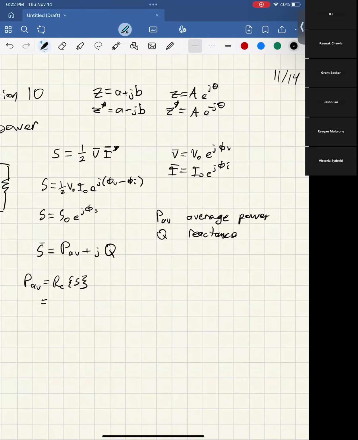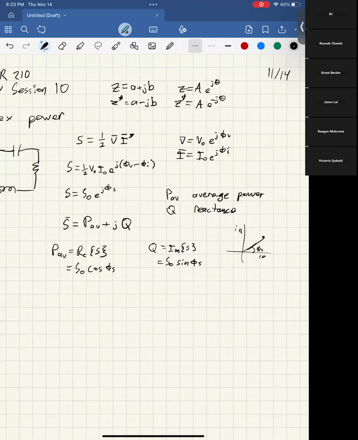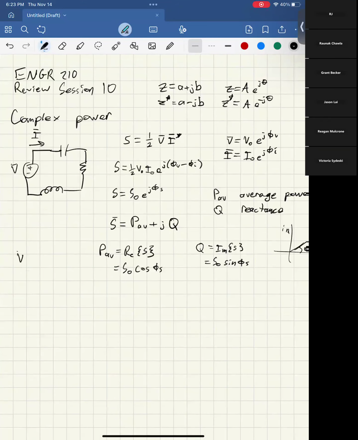This is equivalently S naught cosine phi s for P average, whereas Q would be the imaginary part of S, which is S naught sine phi s. That's just how it works out when you have a complex number with a real part and an imaginary part. Then there's a lot of stuff, since we know that V equals IZ, right?